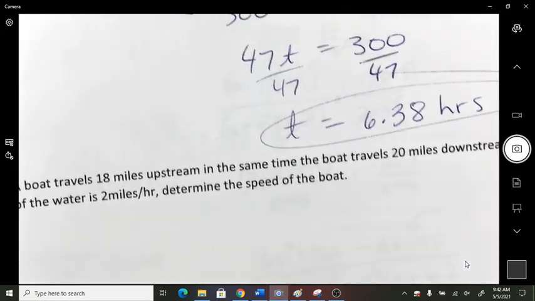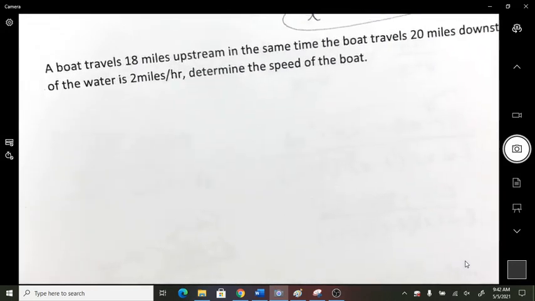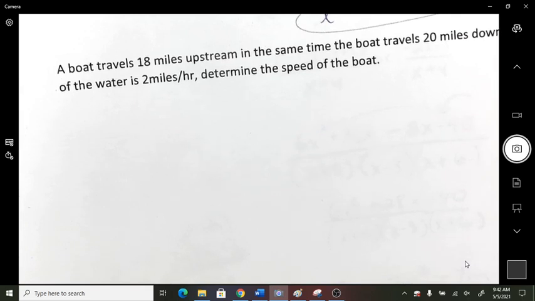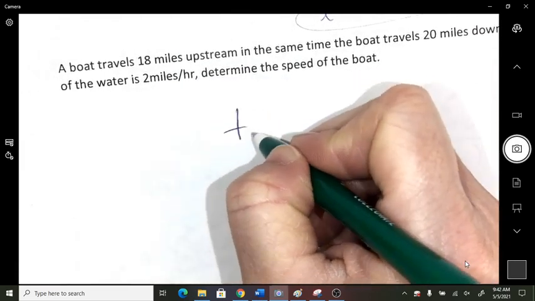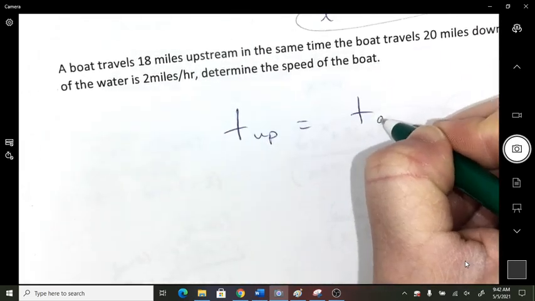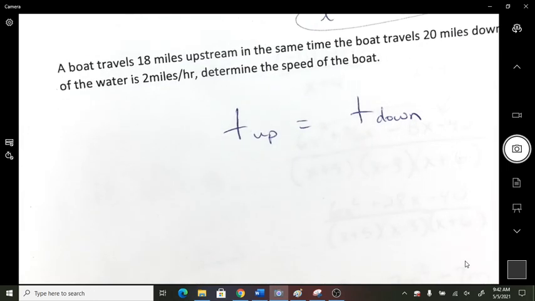Okay, a boat travels 18 miles upstream, the same time it's going 20 downstream, and you have a current of 2 in the water. So I'm going to start like this. The time to go upstream is the same time to go downstream.